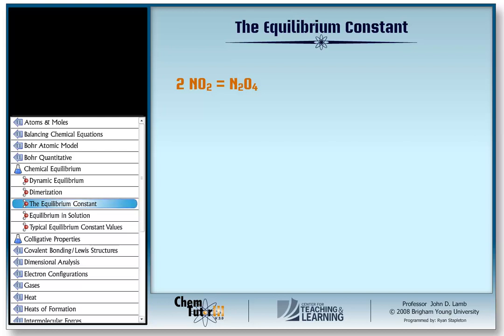Now, what do I mean by this exactly? In other words, what characterizes the equilibrium state? Well, for gases, it is the gas pressures of NO2 and N2O4. And when we combine these in just the right way, the equilibrium state is defined for all circumstances. It turns out that the combination that works is this.